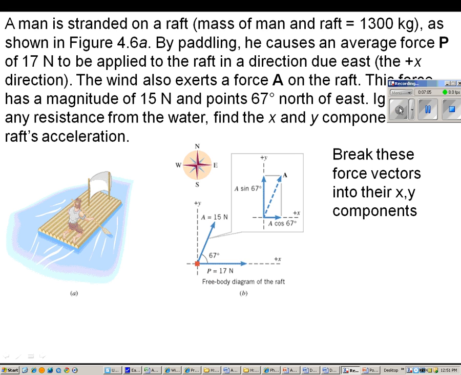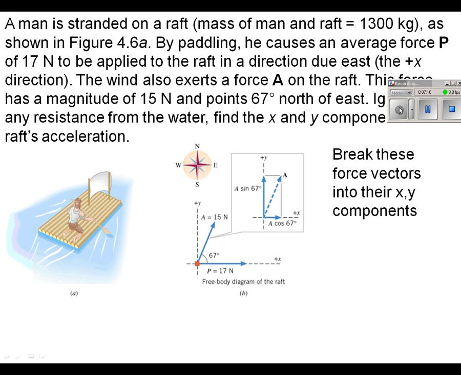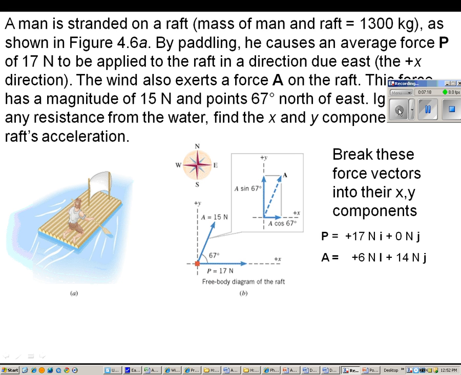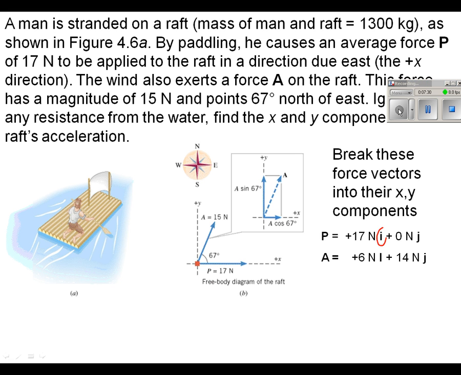So we're going to do exactly that, break these force vectors into their x, y components. They're shown as x, y components using the i, j unit vectors. So i means x direction, j means y direction. That's just a way of showing this. For the P force, we have 17 newtons in the x direction. This i means x direction.